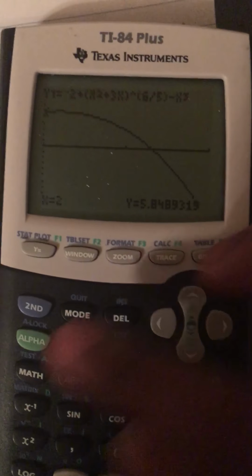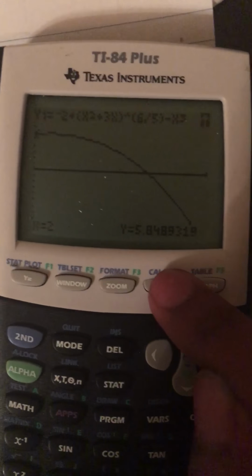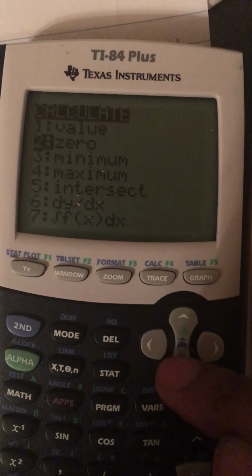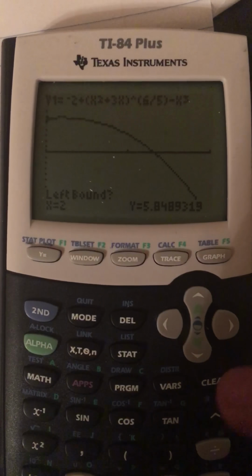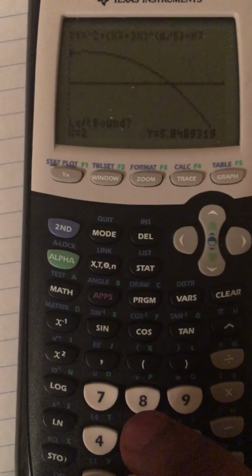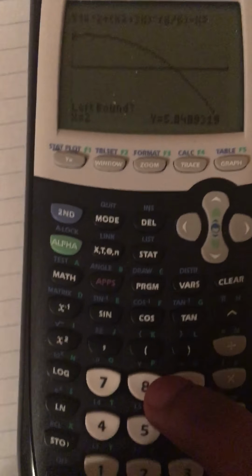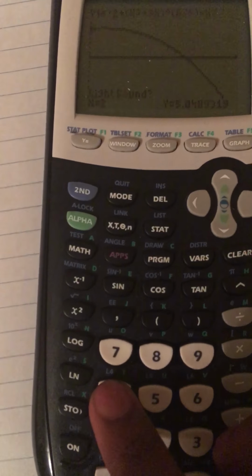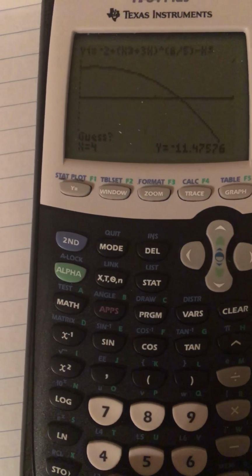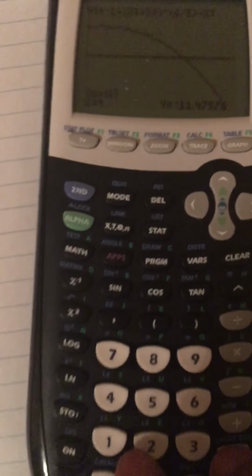So what we've got to do is second calc, zero. Left bound 2. Right bound is 4. Guess: we'll guess 2.